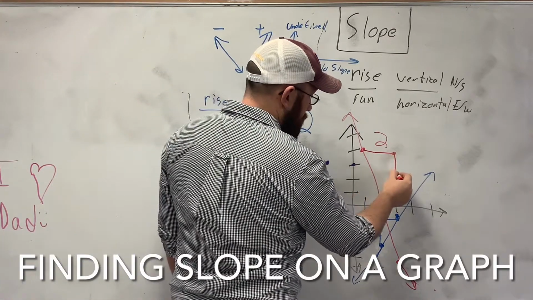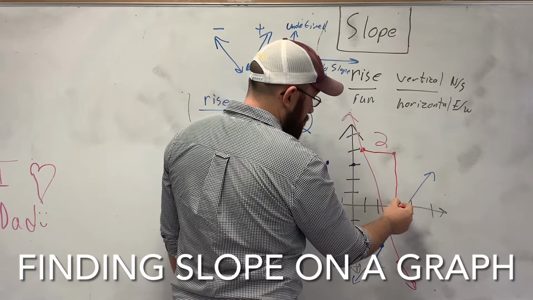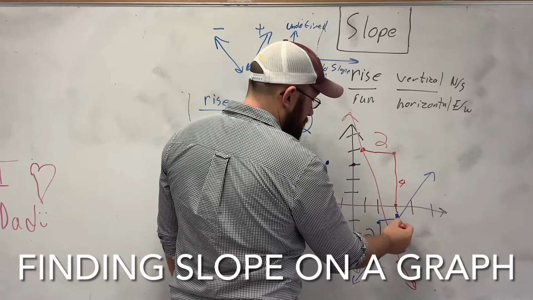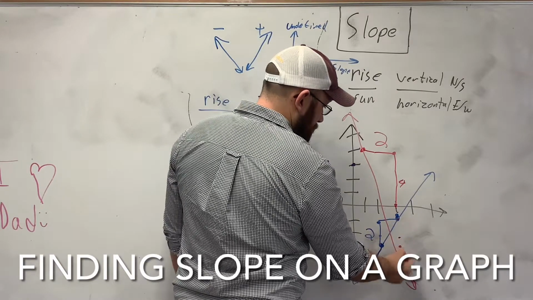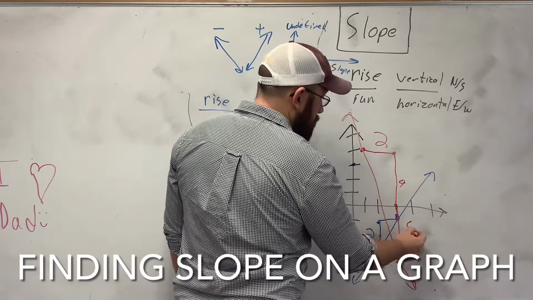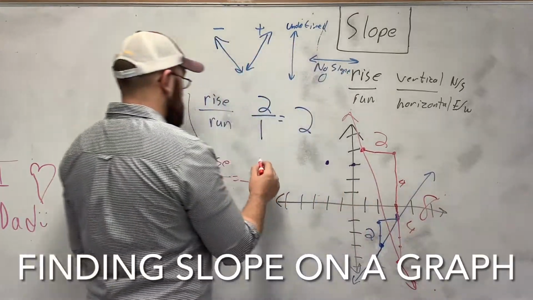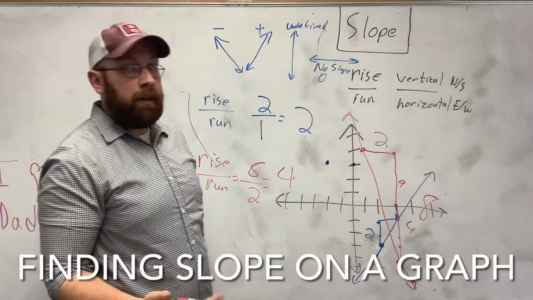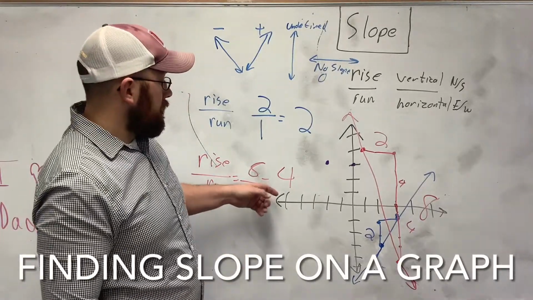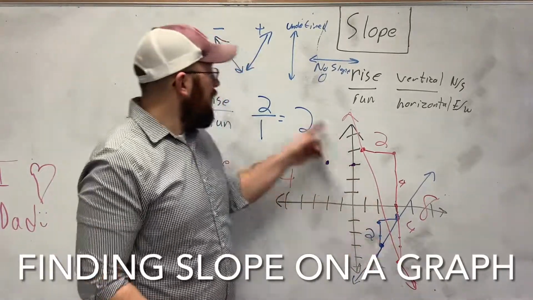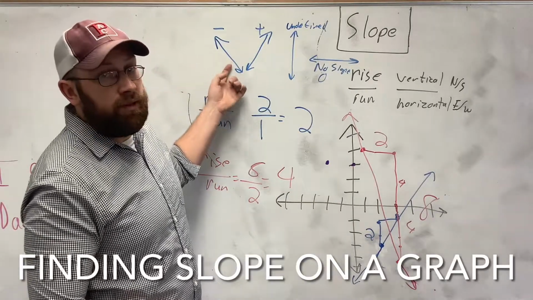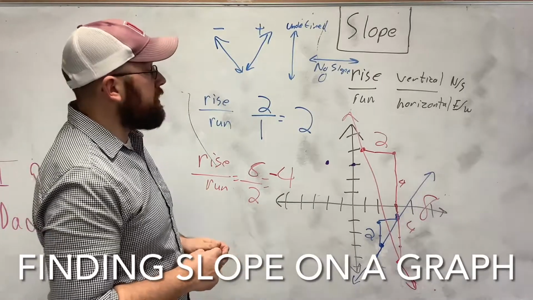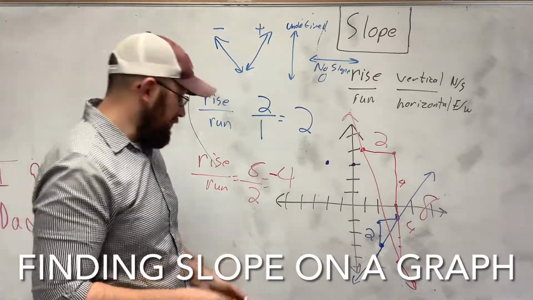Now I'm gonna go down 1, 2, 3, 4. So that's 4 right there. Then 5, 6, 7, 8. So now I got 8 over 2. But if I look at the shape of my line, it's actually in the negative shape. So this is actually -4 is my slope. Always look at the shape of the slope. More people miss that than anything else.